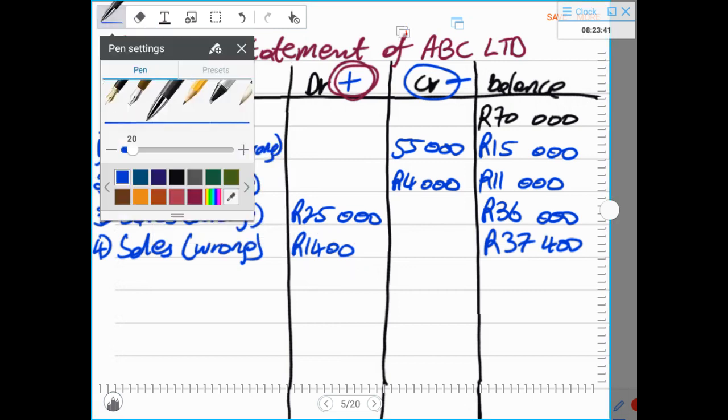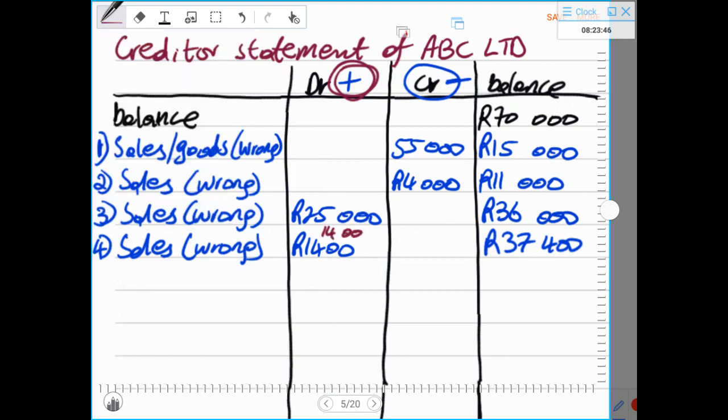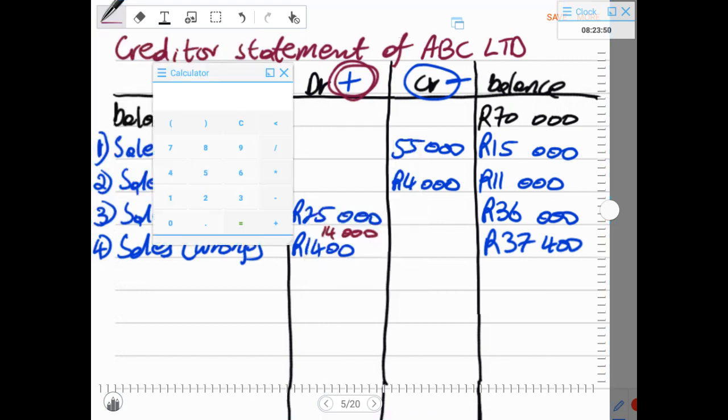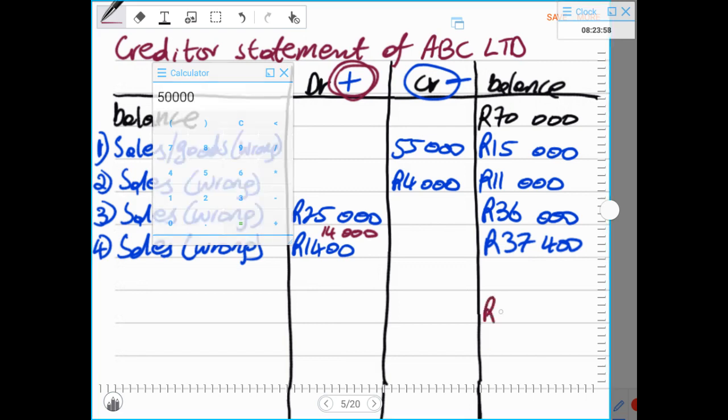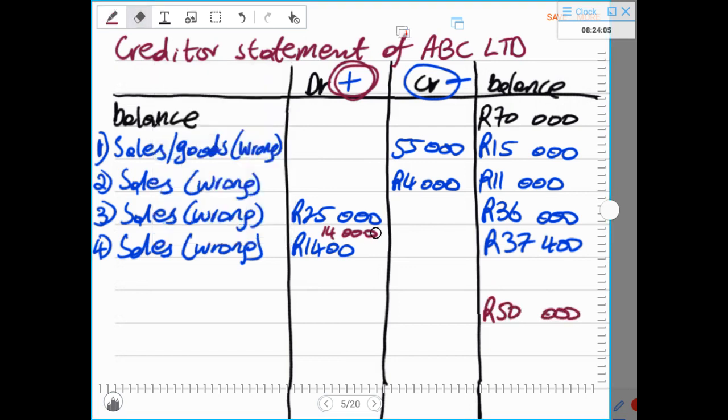So now let us say had the correct amount of 14,000 been recorded, how much was supposed to be the balance? It was going to be 36,000 rands plus 14,000 rands. So now that means the balance was supposed to be 50,000 rands, but we recorded the incorrect amount, which is 1,400 instead of 14,000.